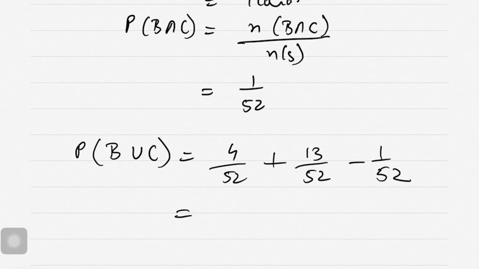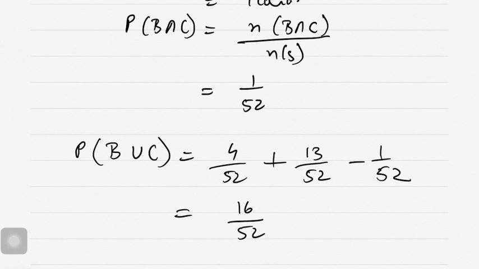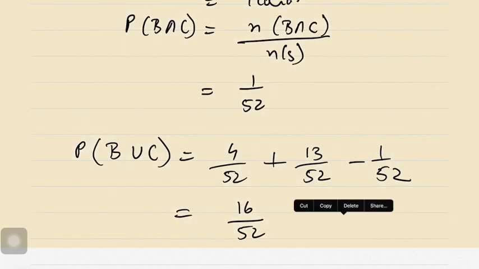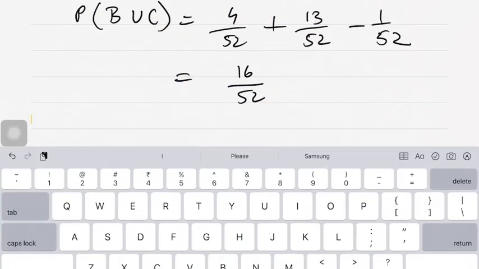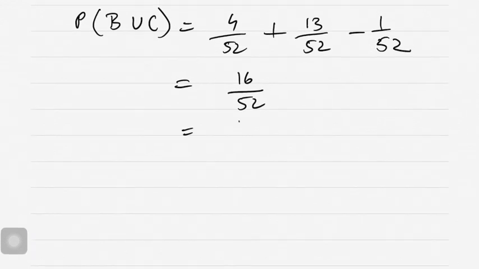Okay. So 13 plus 4 minus 1 is 16 by 52. You can simplify it. 4 by 13.